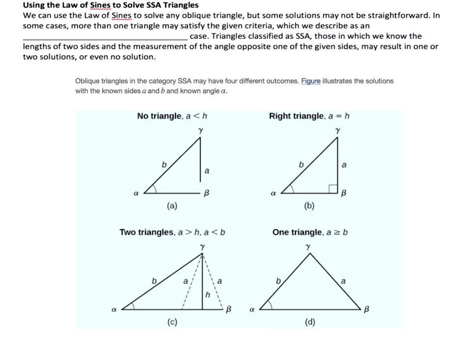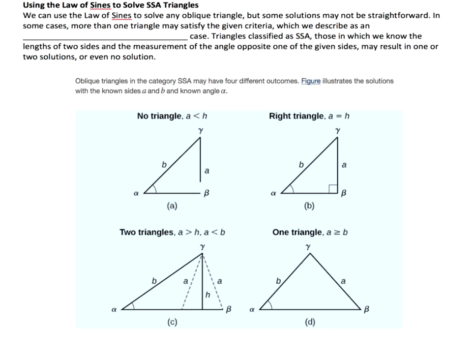Now we get to the tricky one, the ASS triangle, the angle side. What your book tells you is that with these types of triangles, your solution may not be as straightforward as the other two types of triangles. In some cases, more than one triangle might satisfy the given measurements.